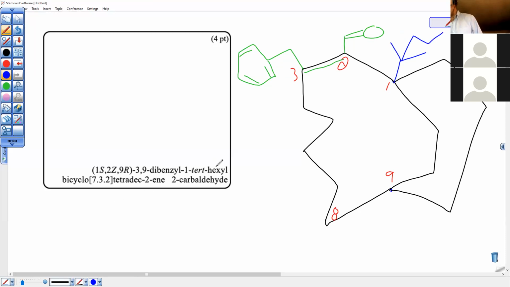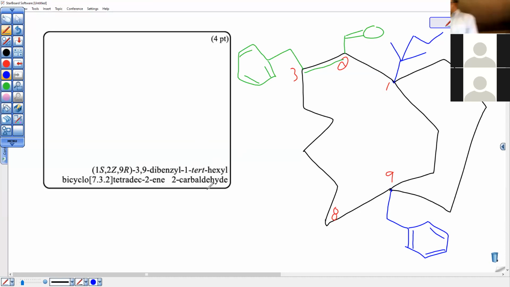And 9 has a benzyl as well. You're not allowed short forms, so make sure you draw nomenclature. You always draw the phenyl group out in its fullest. So we got those 2. We got this one. We have the ene and we have the aldehyde.